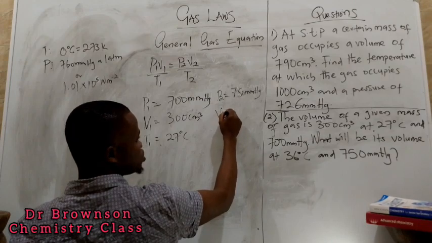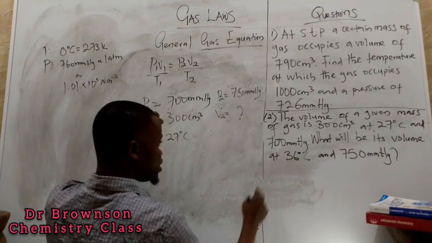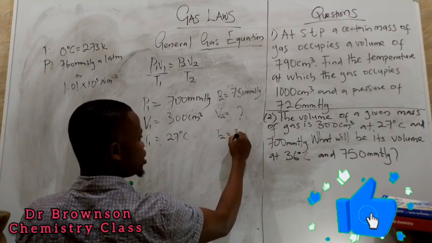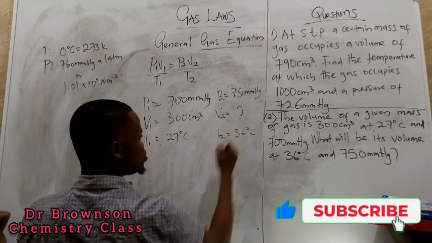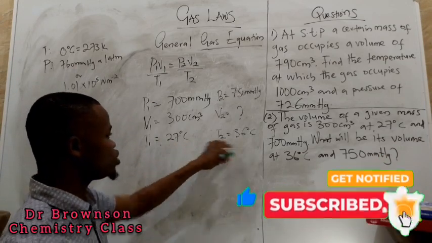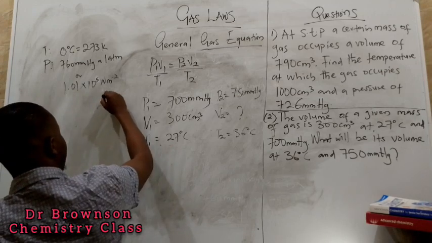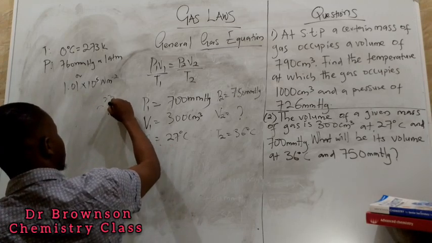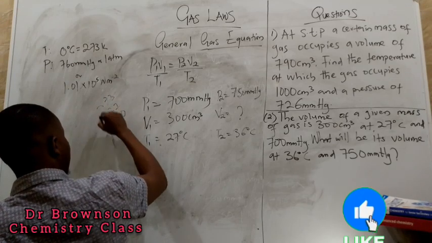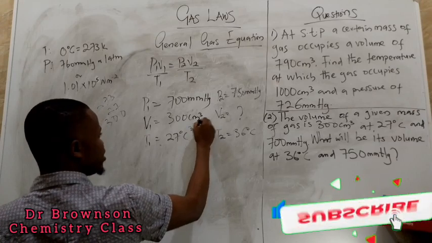Our V2 is not given, because the question asks what the volume is at 36 degrees Celsius. So our T2 is 36 degrees Celsius. First we are going to convert the degrees Celsius to Kelvin. So 273 plus 27 gives 300 Kelvin.